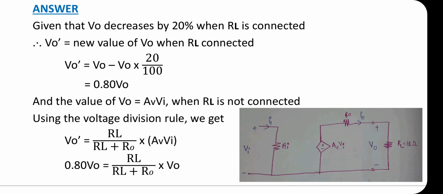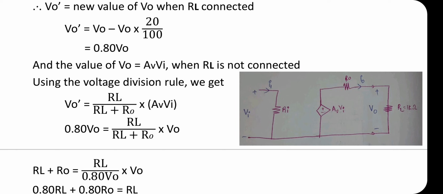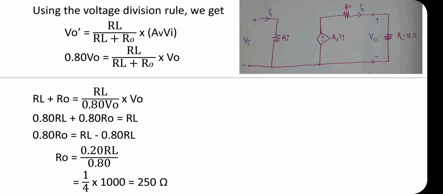Using the voltage division rule, we get V0 dash equal to RL by (R0 plus RL) into AV into VI. We know the value of V0 dash equal to 0.80 V0. Substitute the value here. 0.80 V0 equal to RL by (RL plus R0) into, we can write AV VI equal to V0.